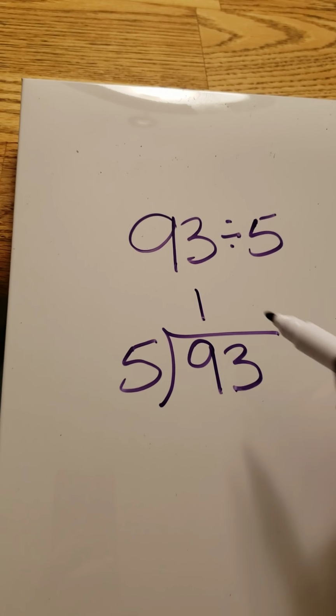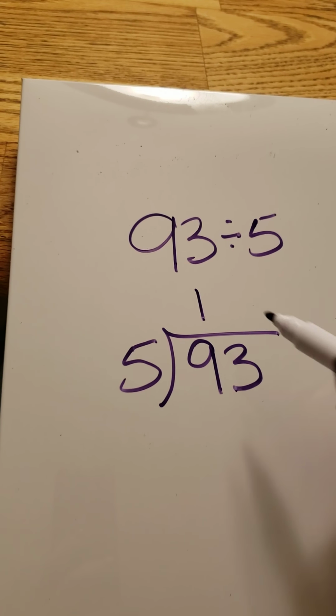Can 5 go into 43? Yes. How many times? 8. 8 times 5 is 40. Subtract, I get 3.